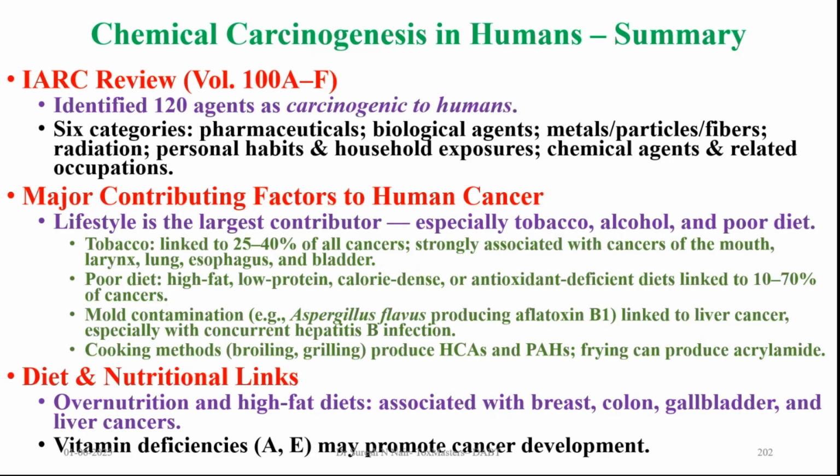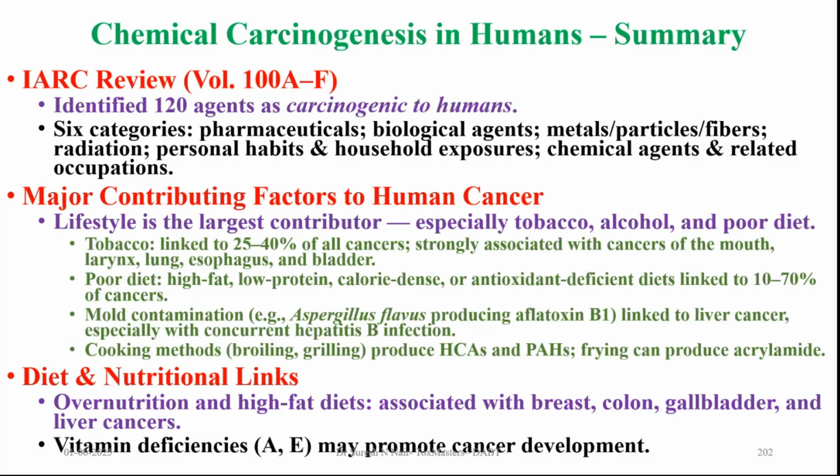Then chemical carcinogens in human beings: the IARC reviews volume 1A identified 120 agents as carcinogenic to humans, in 6 categories like pharmaceuticals, biological agents, metals, radiation, personal habits and household exposure, and chemical agents related to occupations. So these are the 6 categories in which the 120 agents are included.